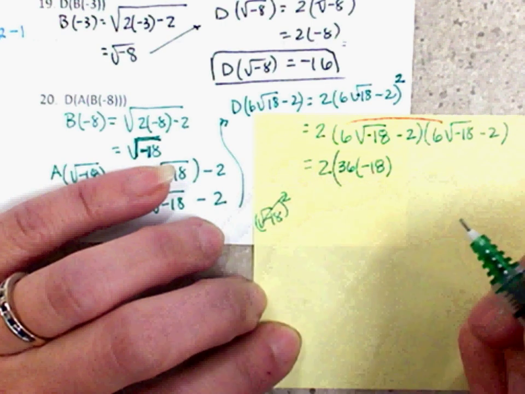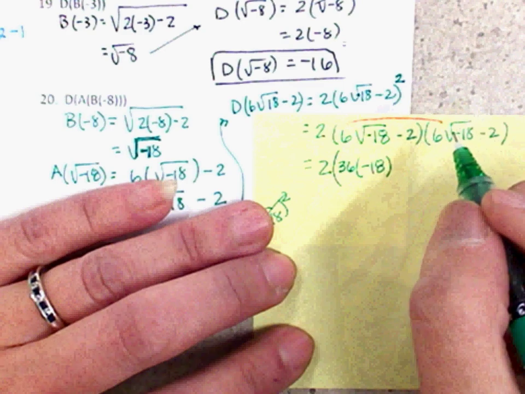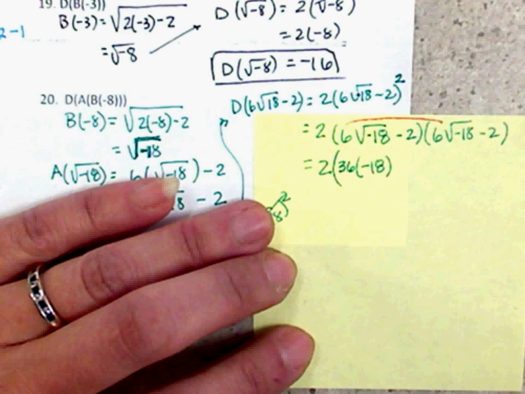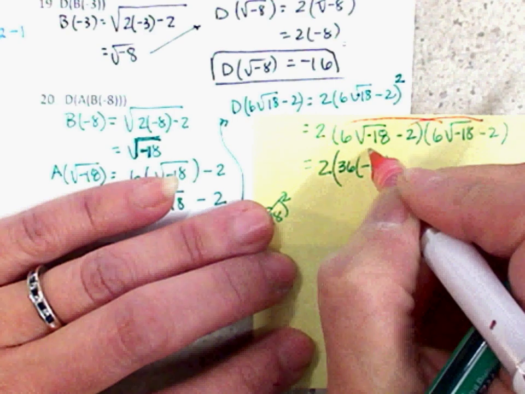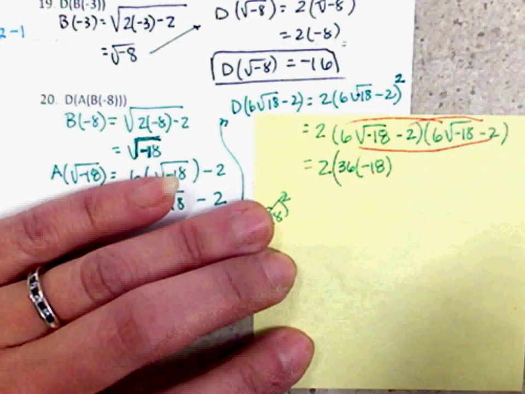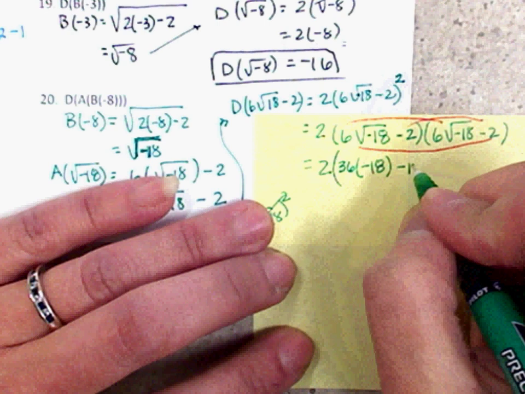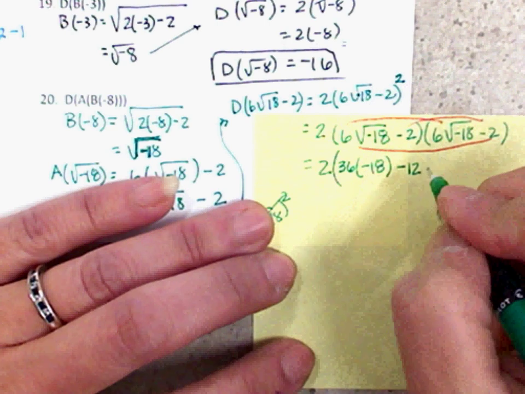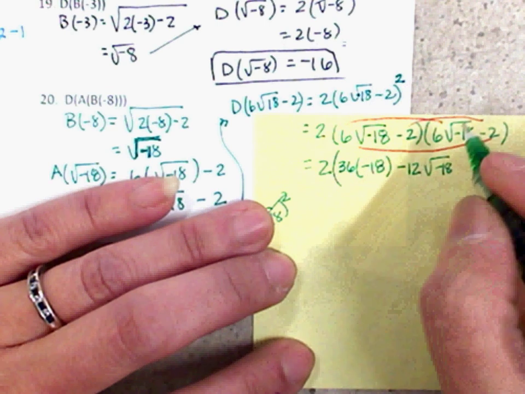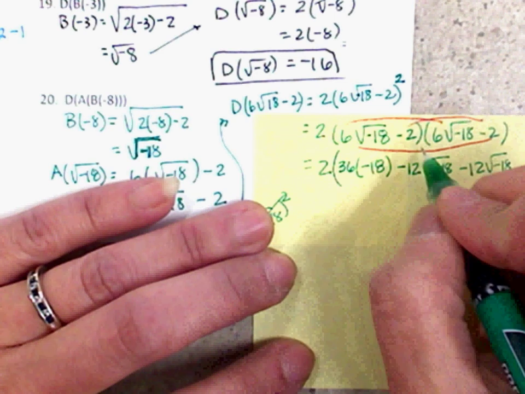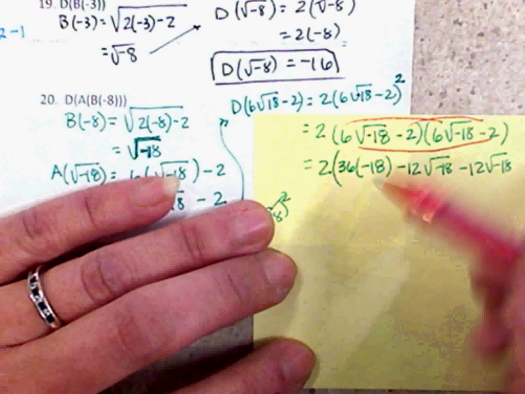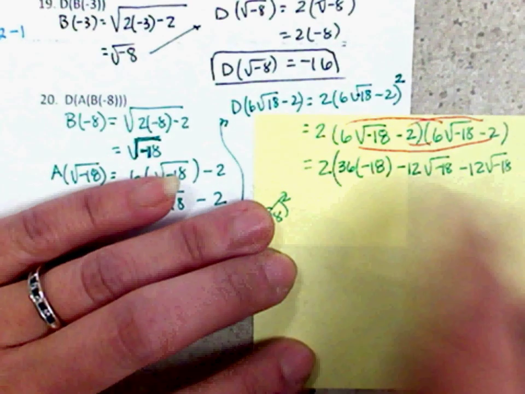Okay? And then you have your outside term. Outside, 6 times negative 2 is negative 12 square root of negative 18, and you got 2 of them. Okay? And then you have your last term. Negative 2 times negative 2 is plus 4.